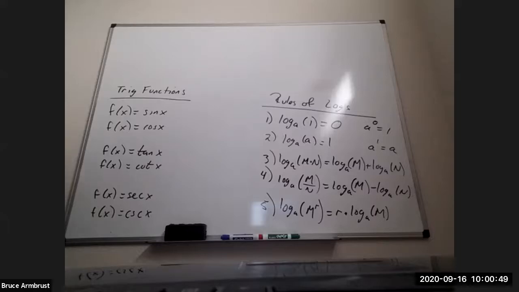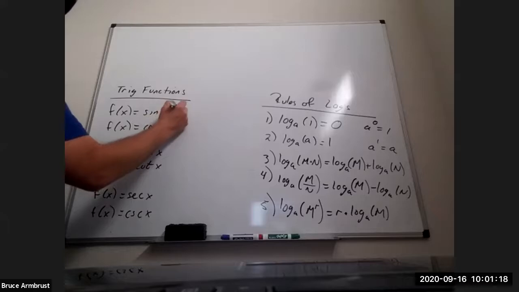Or you may have seen these developed using the unit circle, looking at coordinates of points on the unit circle, where sine is given by the y coordinate and cosine is given by the x coordinate, and so on and so forth. But we really have these 6 trig functions. In terms of domain and range and all of that, it really depends which one I'm talking about.